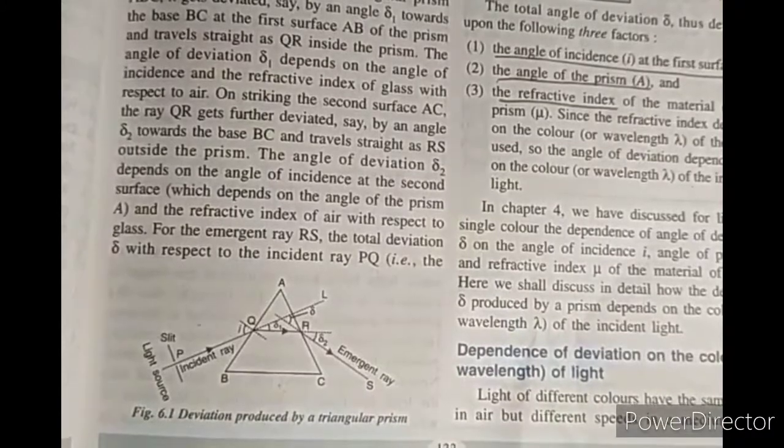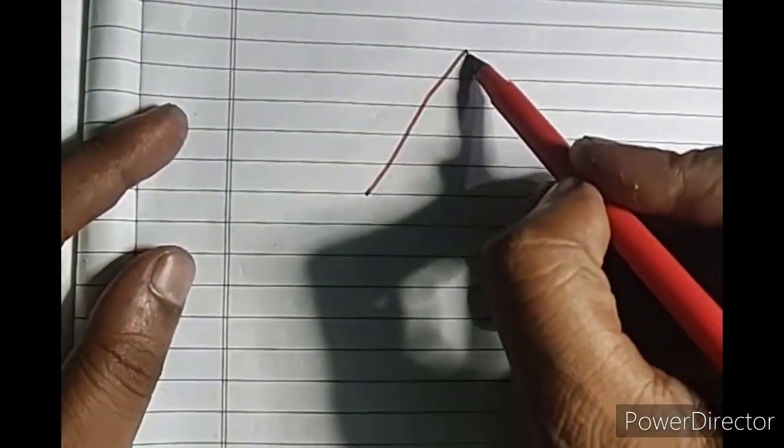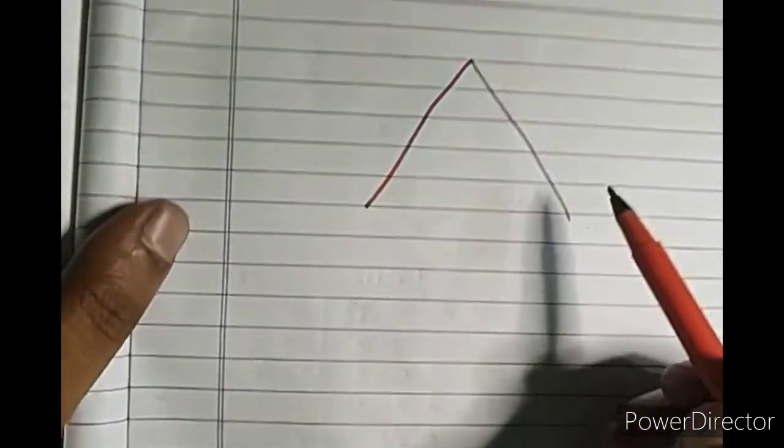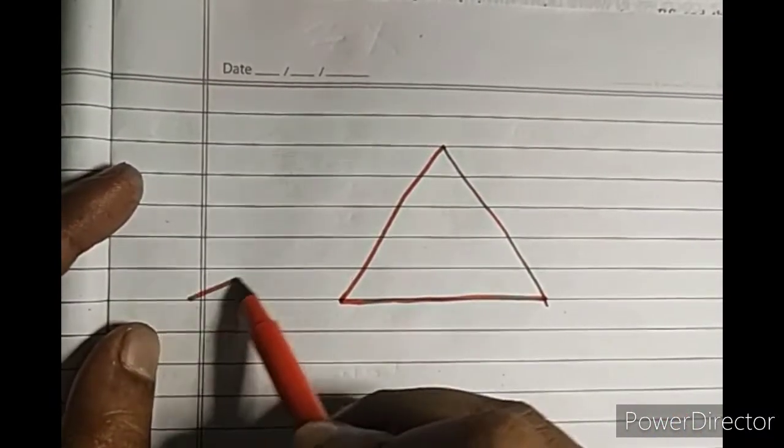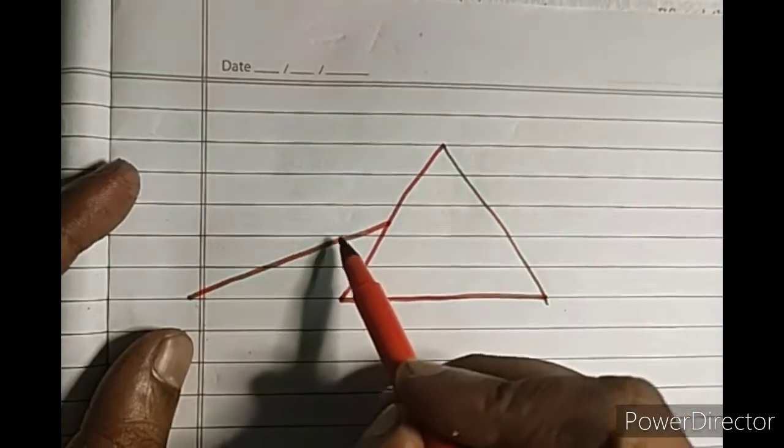So if we make the diagram for refraction, it looks almost like this: this is a prism, in this way. A light comes and strikes it like this.